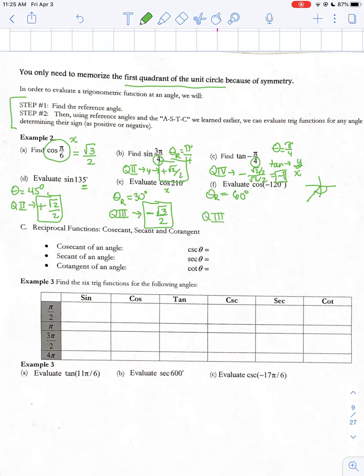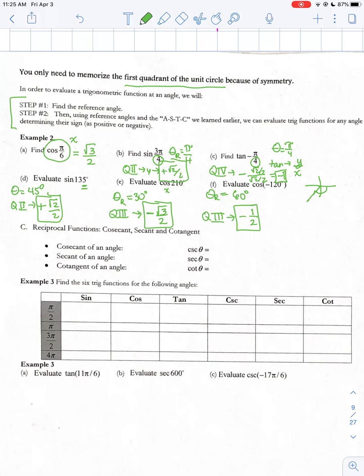I'm in quadrant 3, where cosine is negative, and then I would find cosine of 60 degrees. Cosine of 60 degrees is 1/2, or the x value at 60 degrees in the first quadrant is 1/2. So my overall answer is -1/2 because we are in quadrant 3.